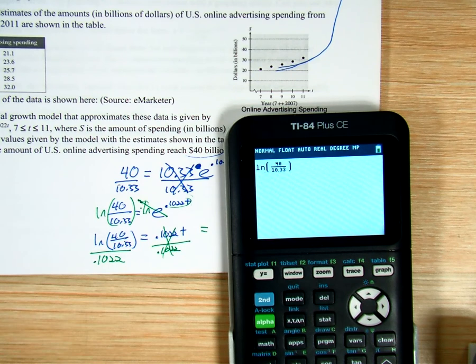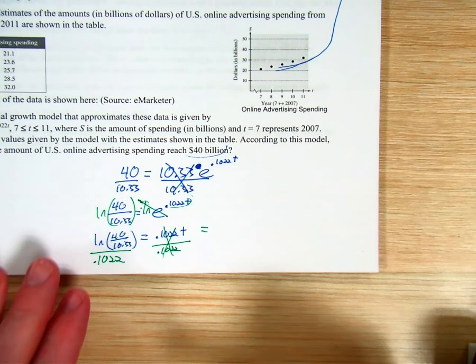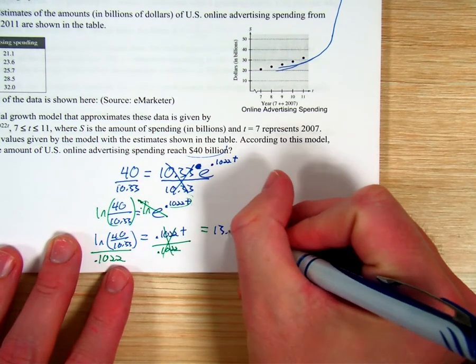If you wanted to, you could tack on the divided by 0.1022 now. I kind of want to just see this, and then divide by 13.25. We'll round it to 13.25 because that fits nicely.